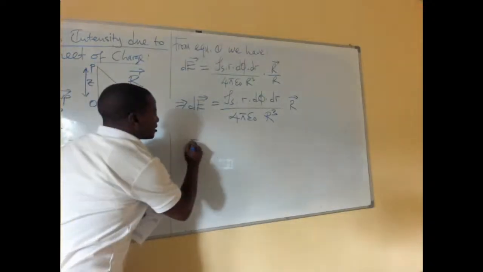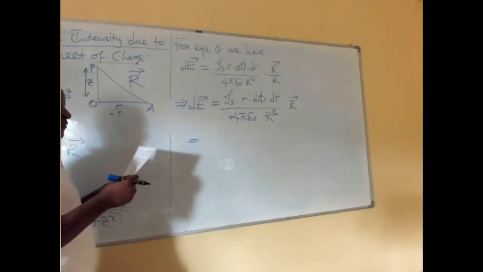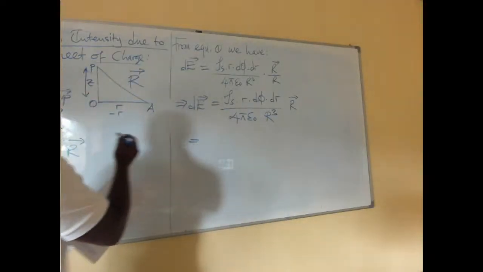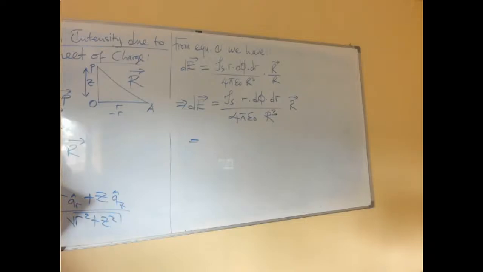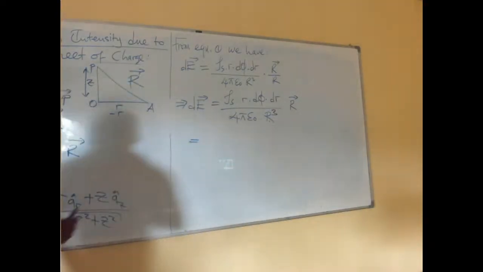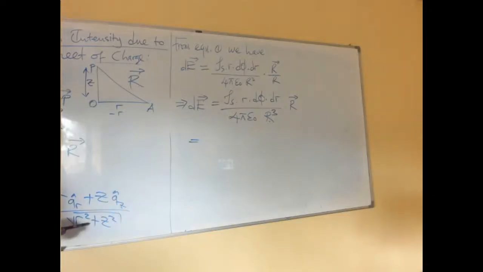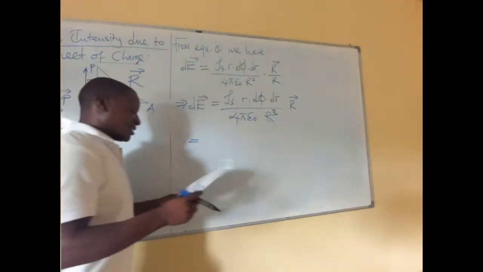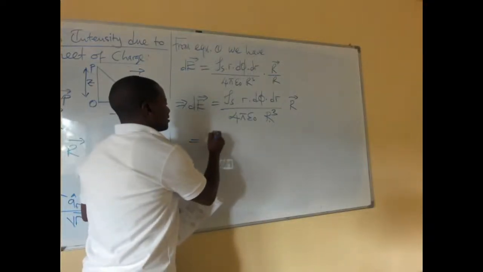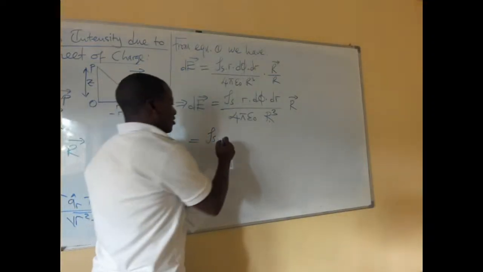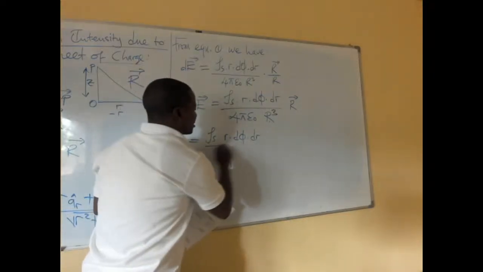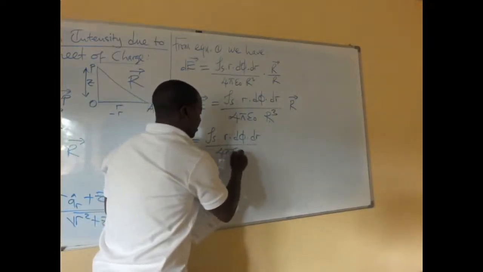Now, if we try to multiply further by making replacements, we have the r, which is this one here. Then we have this r vector, which is also defined as this. So we make replacements immediately. What we get is the surface charge density multiplied by r dr dphi, all this divided by 4 pi epsilon 0.